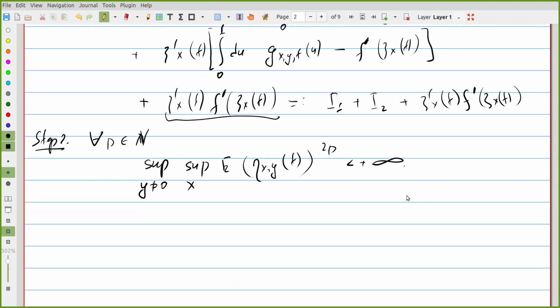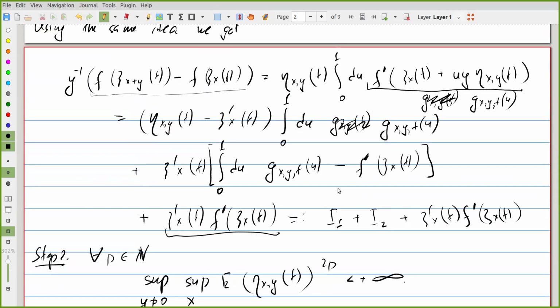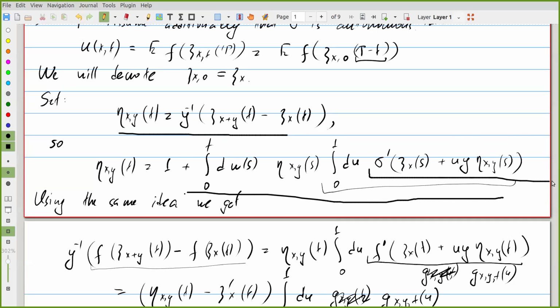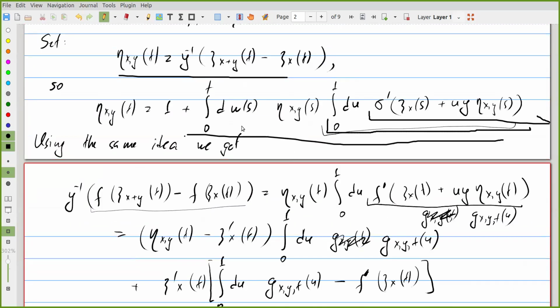Now, how to prove this? We have the equation for eta here. This is bounded, so this whole integral is bounded. This is a stochastic integral, and the function that is being integrated is eta xys times something bounded.